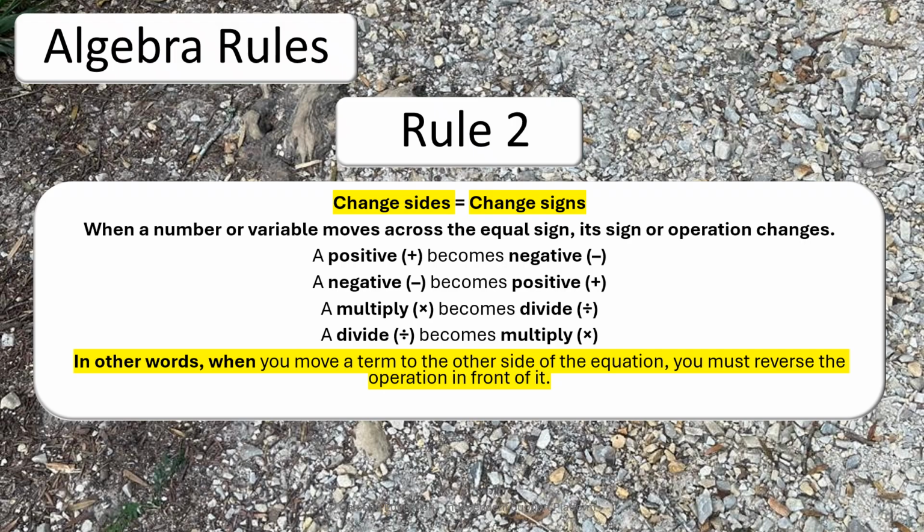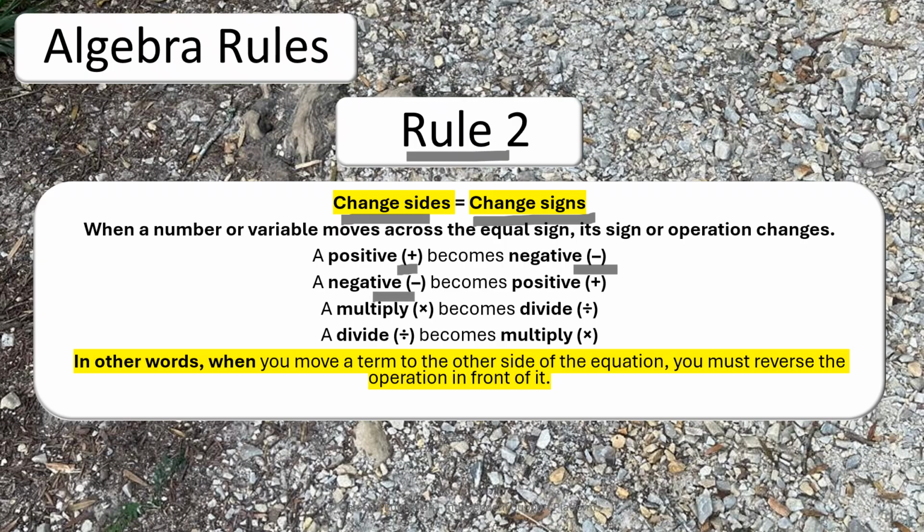Rule number 2, if a term changes sides, the sign must change. So if you go from a positive on the left-hand side and you move the term to the right-hand side, it becomes a negative.